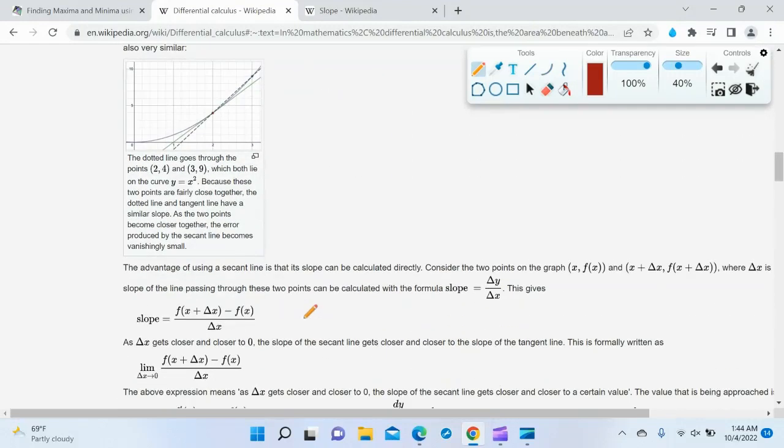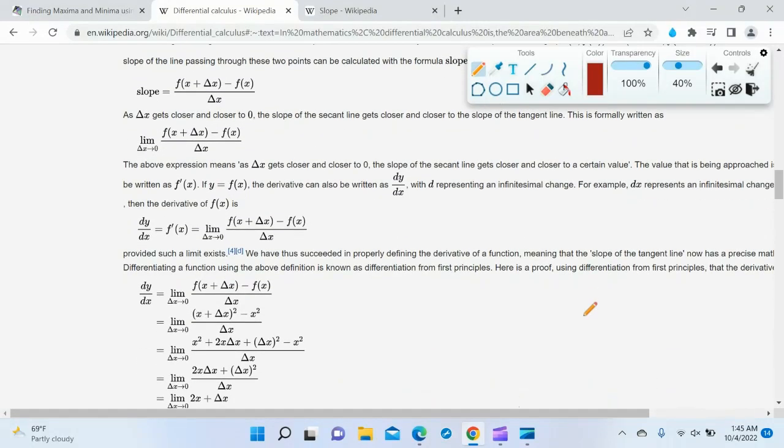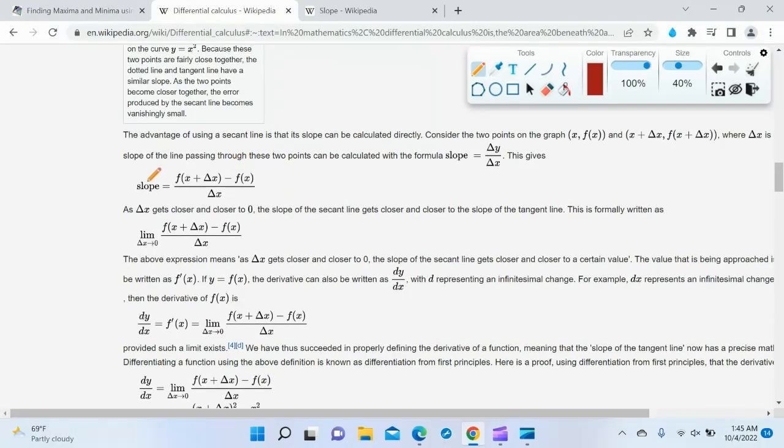Assume we have a function f of x, and there is a minor change in x.